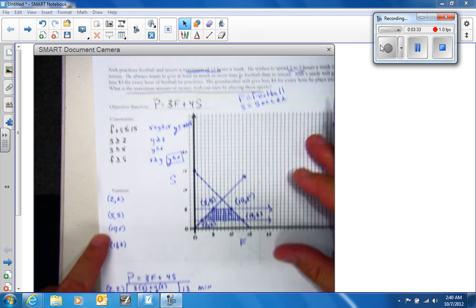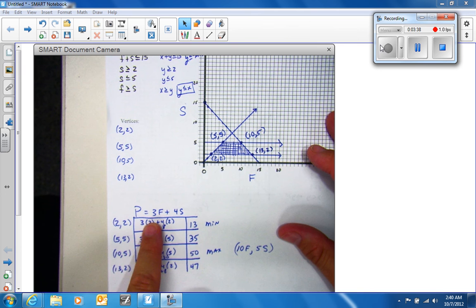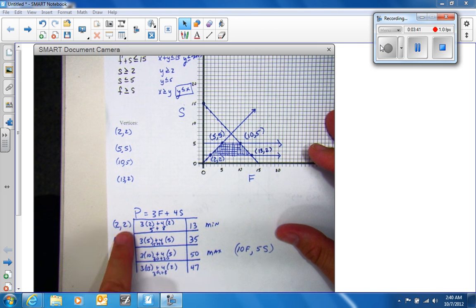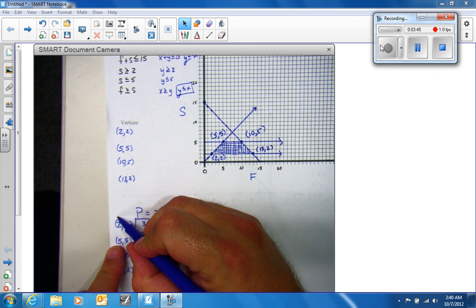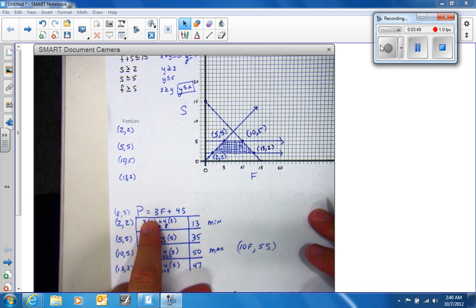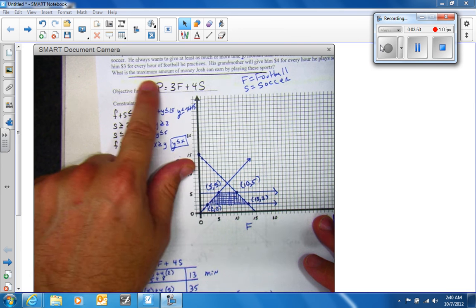Once you have done that, you take your objective function and put it in a little table like this. Use your vertices and plug in 2 for football, 2 for soccer, and so on. This will be your F, comma, S. So plug those into the objective function, and what you're trying to answer, like it says here, is what is the maximum amount of money?